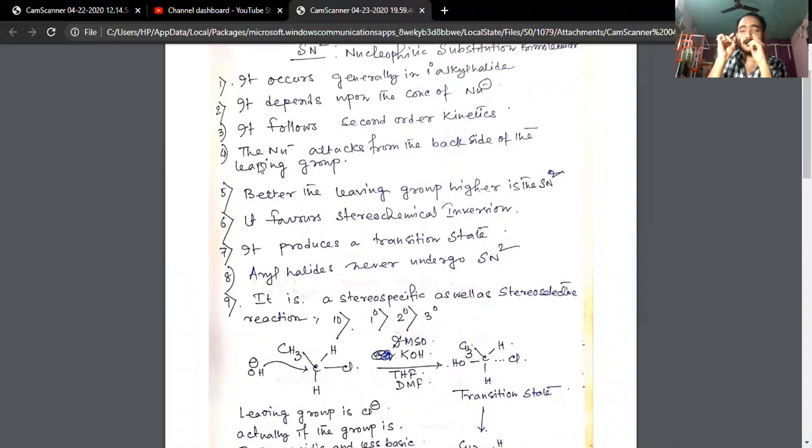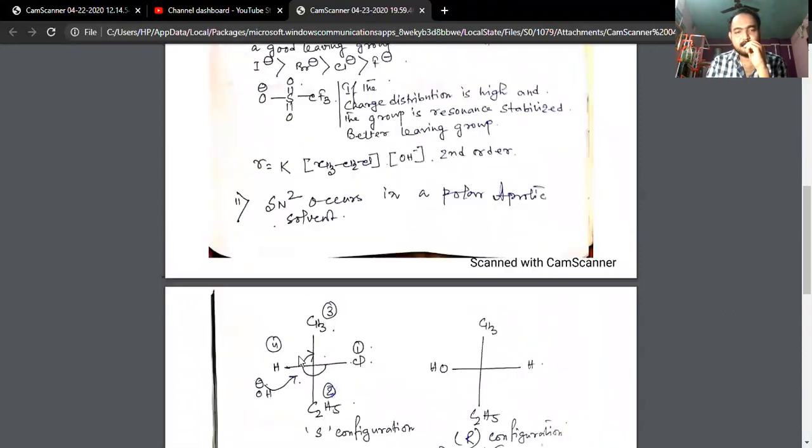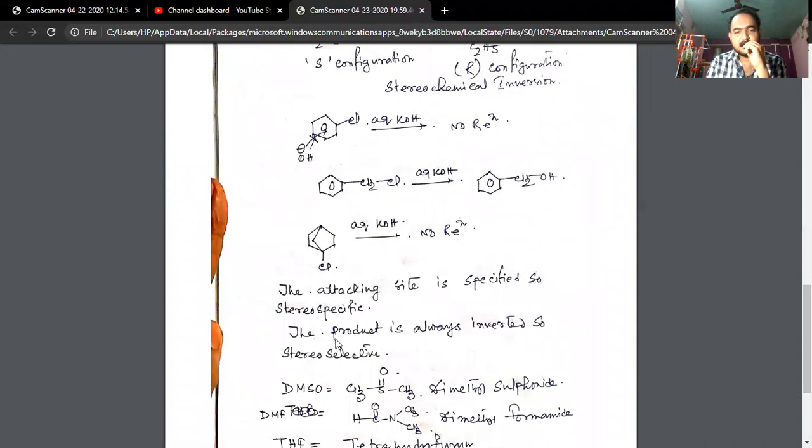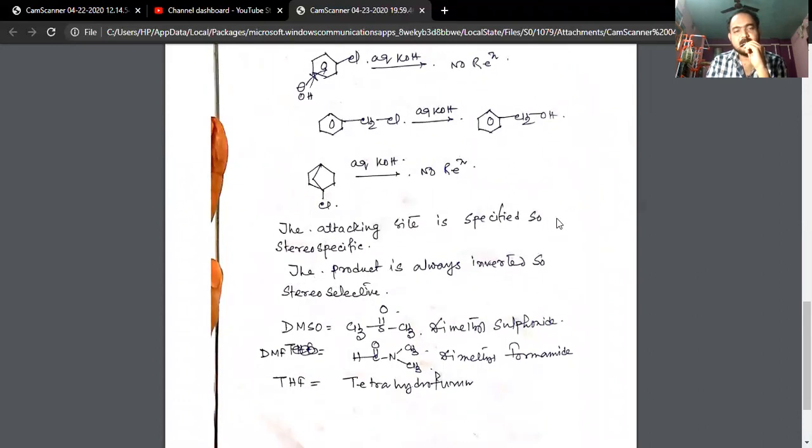The reaction site is specified. That's why it is stereospecific. The product is always inverted, so it is stereoselective. Always selectively inverted products are produced, that's why it is stereoselective.